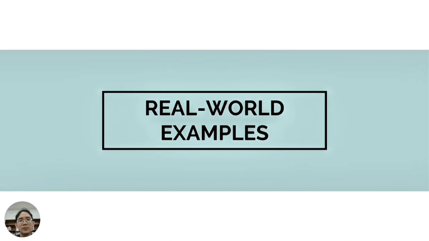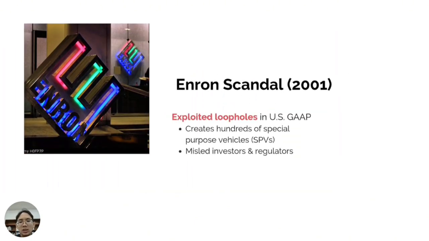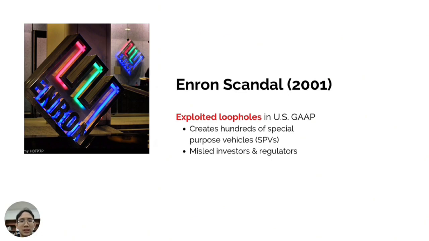Next, we'll proceed with some real-world examples. A good example to show the weakness of over-reliance on rule-based accounting is the Enron scandal that happened in 2001. In this case, Enron exploited loopholes in the US GAAP system, where it created hundreds of special purpose vehicles to hide billions of debts from its balance sheets.